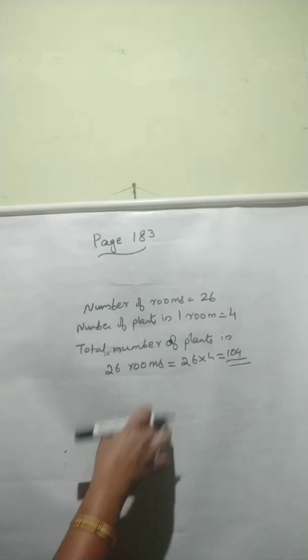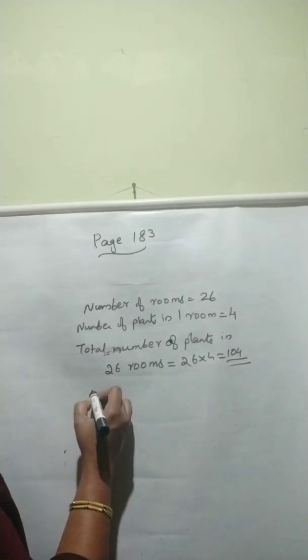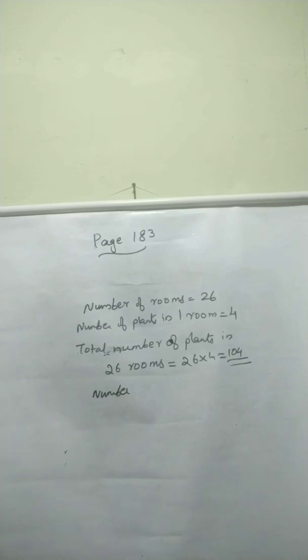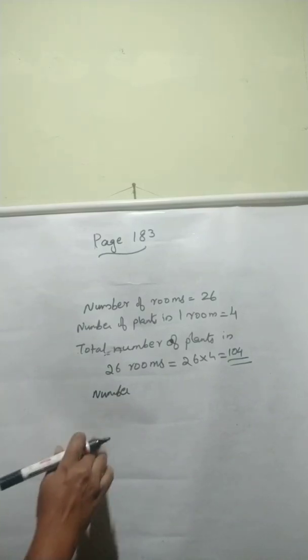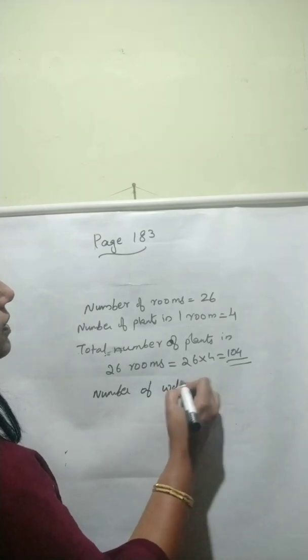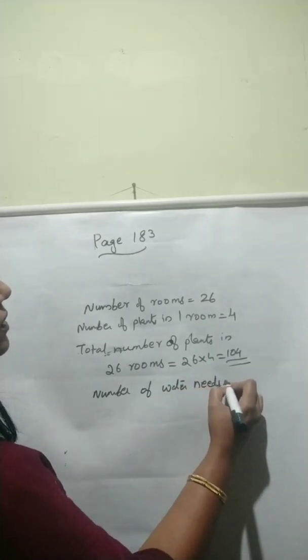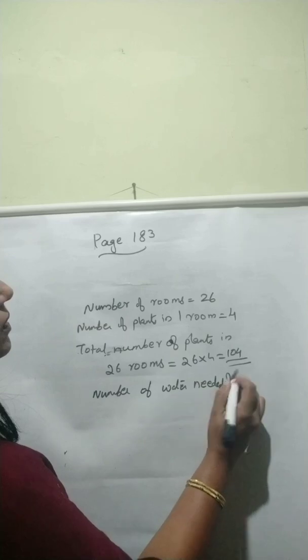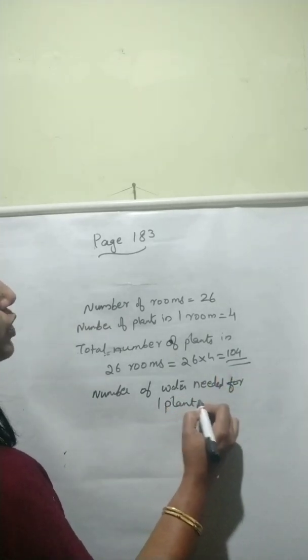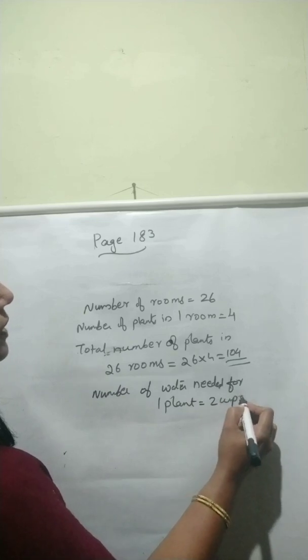So, the next step is the number of cups of water needed for one plant, that is equal to 2 cups. Okay, 2 cups.